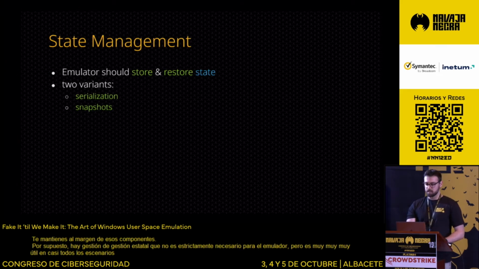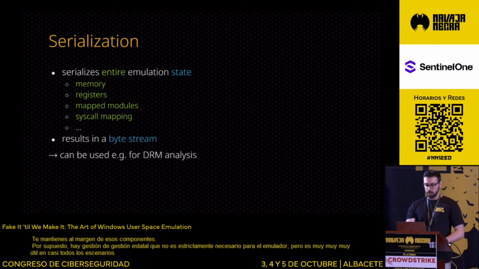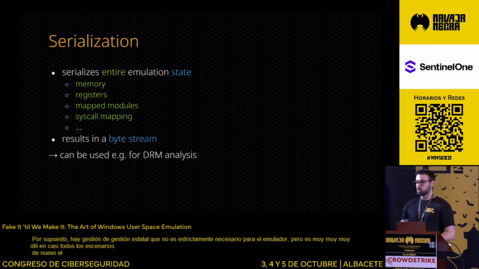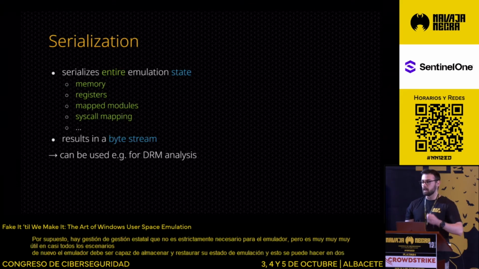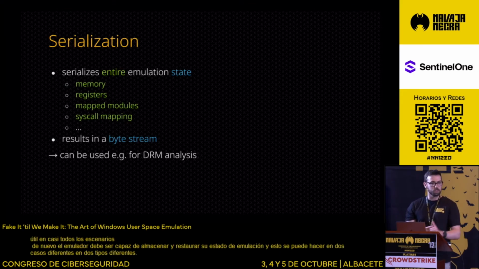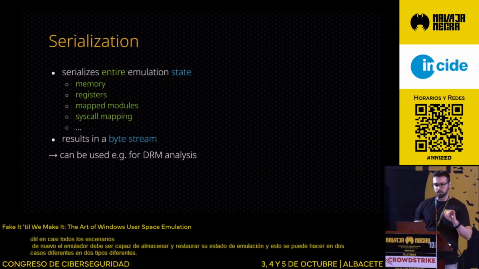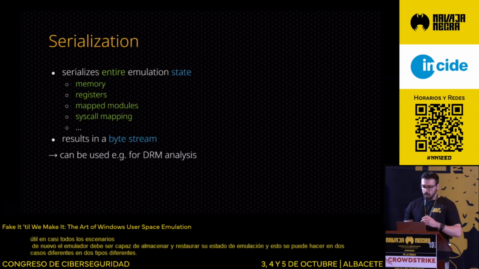The first one is serialization, and the way it works is by serializing the entire emulation state, so all the memory, all the registers, every map module, the entire Syscall mapping, so the mapping from name to ID, the entire process context, every state that lives within the emulator can be serialized.